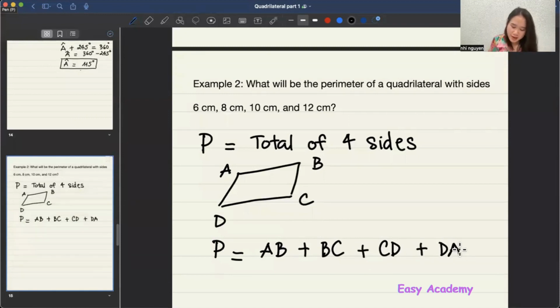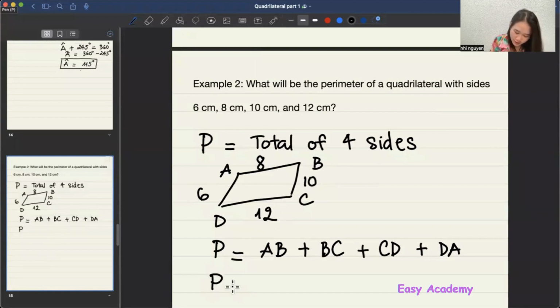Example 2 is telling us about a quadrilateral with sides of, let's assume, 6 centimeters, 8 centimeters, 10 centimeters, and 12 centimeters.